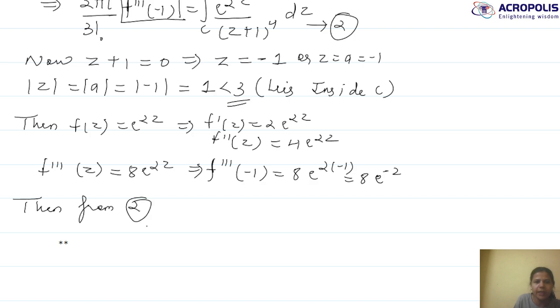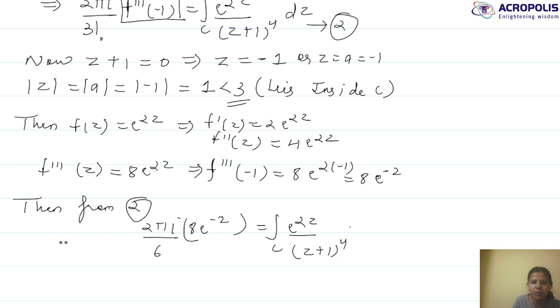From the second equation, 2πi over 3 factorial, that is 6, times f triple dash, that is 8e^(-2), equals the integral which is given to evaluate, that is the integral of e^(2z) over (z plus 1) to the power 4, dz. Okay, just simplify it.